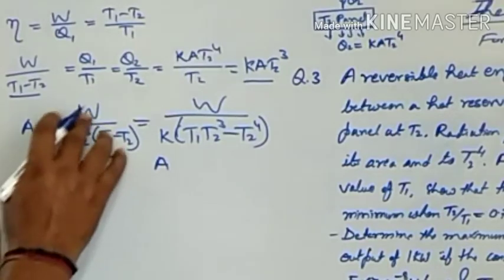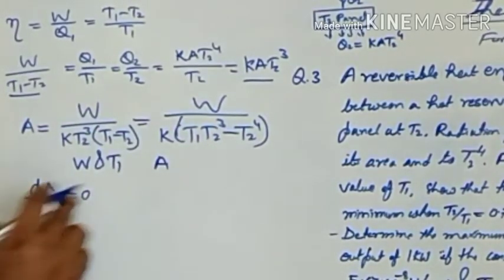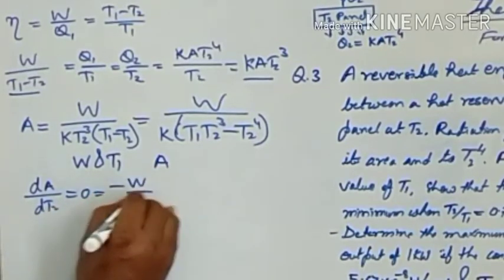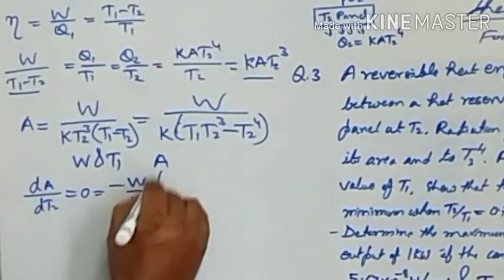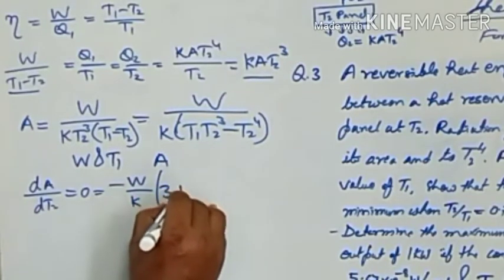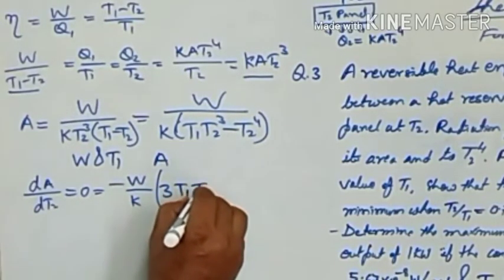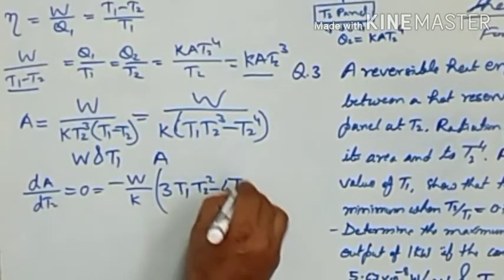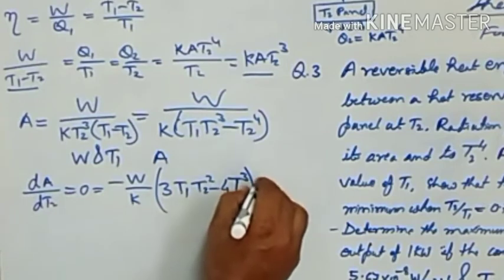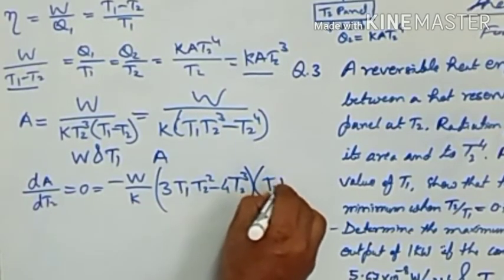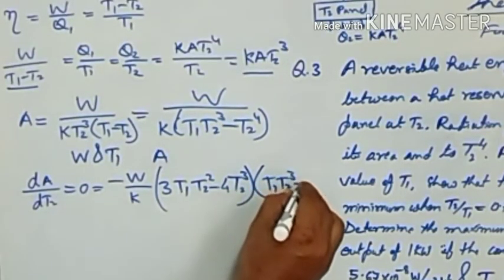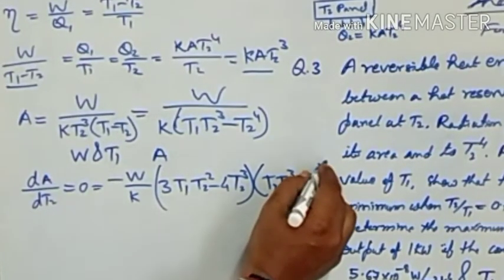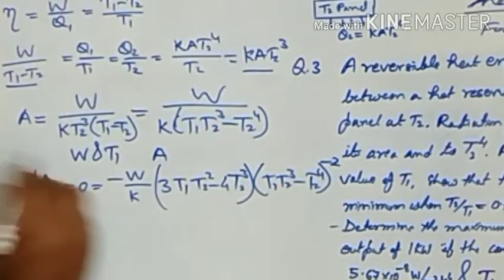So if we differentiate this particular equation and equate it to 0, then it becomes minus W upon K into 3 T1 T2 to the power 2 minus 4 T2 to the power 3, into T1 T2 to the power 3 minus T2 to the power 4, to the power minus 2, equals to 0.